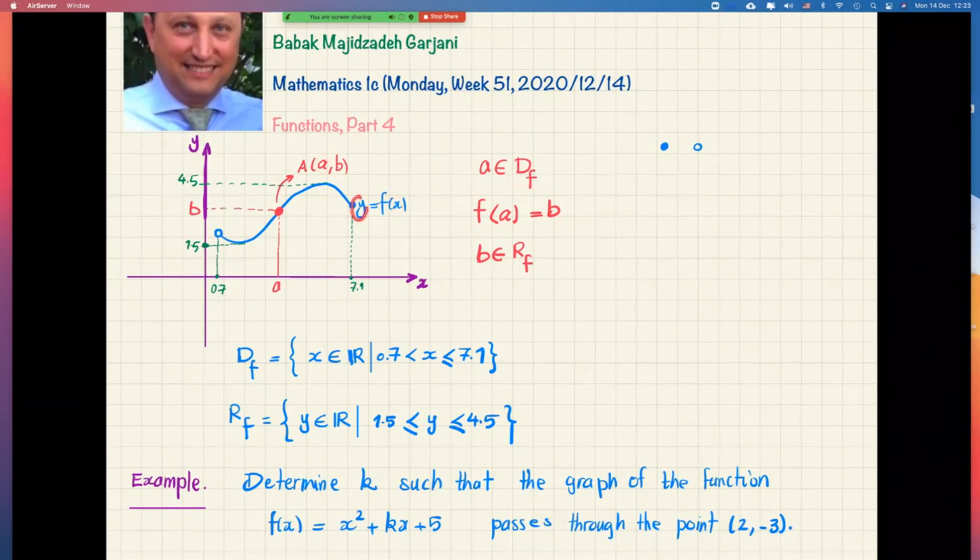If you take y out and replace it by b, this would be the answer. So f acting on a will give you b. By looking at this, that this point lies on the graph, you need to understand that f acting on x will give you the y coordinates. Is that clear now? Yeah.